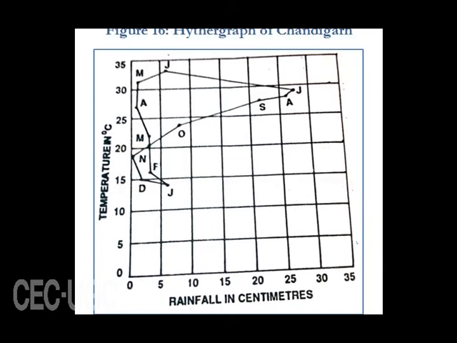Hythergraph. Another type of climograph is called hythergraph, where mean monthly temperature is plotted against monthly rainfall. This is similarly drawn as a 12-sided polygon, just as a climograph. Temperature is shown along the y-axis and the rainfall along the x-axis. The data is plotted month-wise.